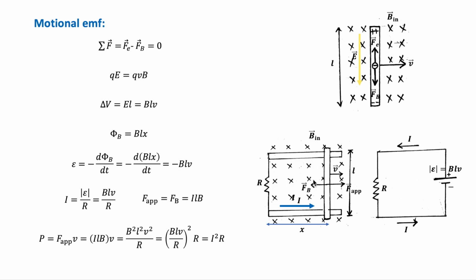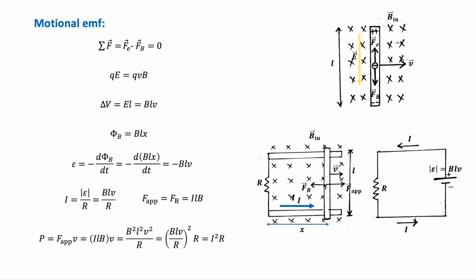Then as the bar moves with a velocity v, by an applied force F applied, the free charges in the bar will experience a magnetic force along the bar, and a continuous current is established in the circuit, right?